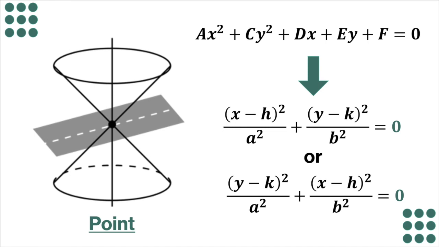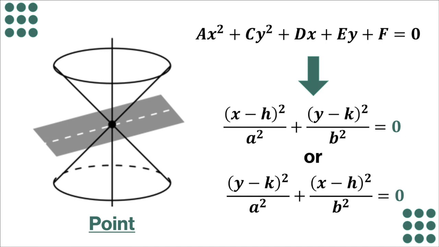If you have two non-negative numbers that are added together and the sum is 0, it should be the case that both numbers are 0. It only means that the only coordinate that can satisfy this equation is the point (h, k). Hence, the set of points that we are looking for is composed of a single element, a single coordinate, namely (h, k).